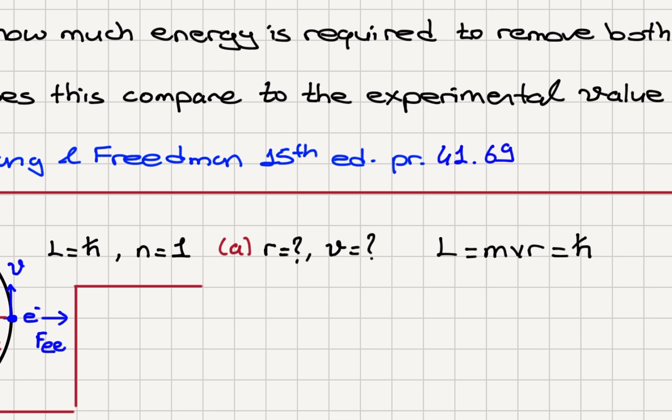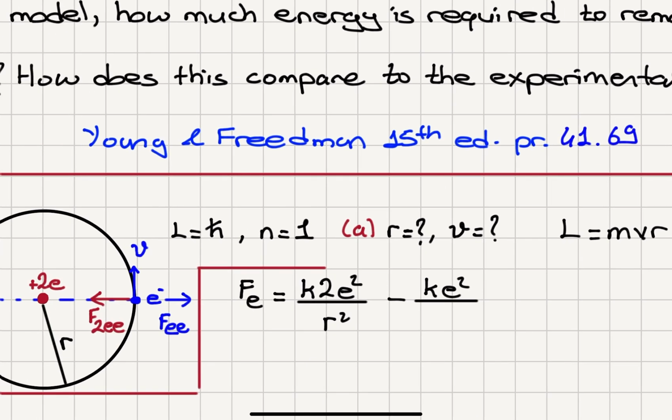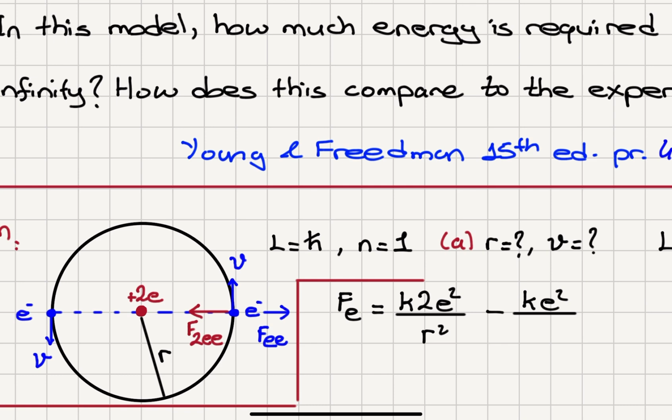The centripetal force, F centripetal, is k2e squared over r squared, and then we have also the repulsive force between the two electrons. So the total force an electron feels is the centripetal force, which is k2e squared divided by r squared, and then we have the repulsive force ke squared divided by the distance between them, which, because they're on opposite sides of the nucleus, is 2r.